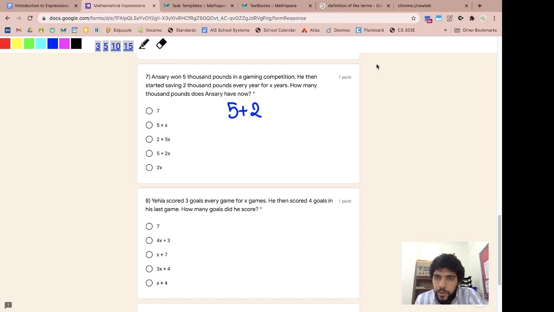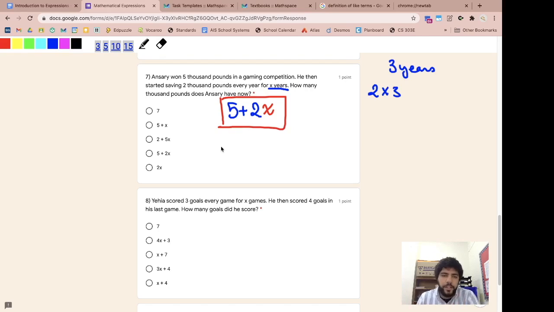So let's say if he saved for 3 years and 2,000 pounds each time, he would do 2 times 3, right? But it said here X years. And so we're going to say 5 plus 2X. This is the expression that we want. There's nothing to simplify here, but I just want you to know that this is the answer.